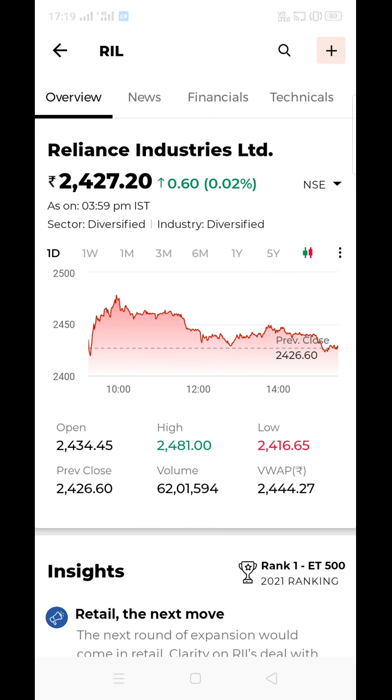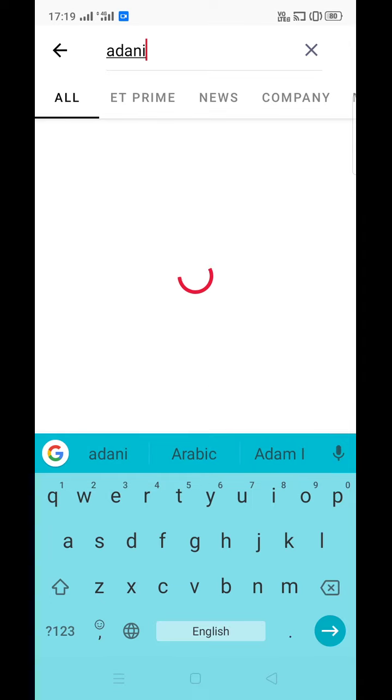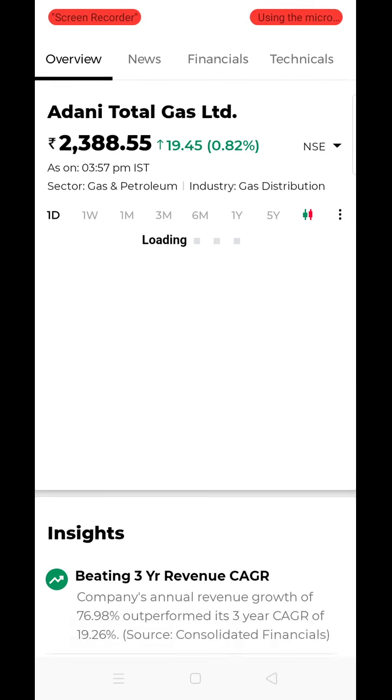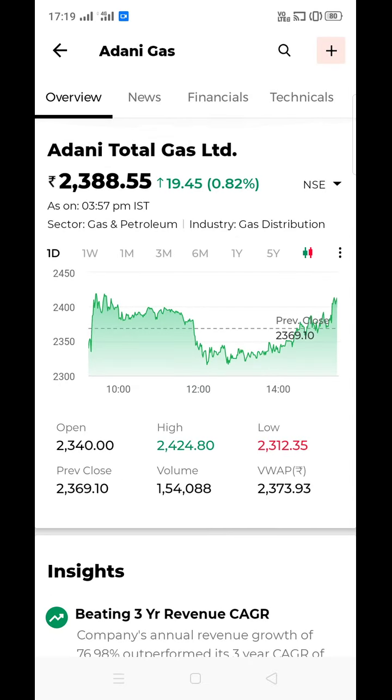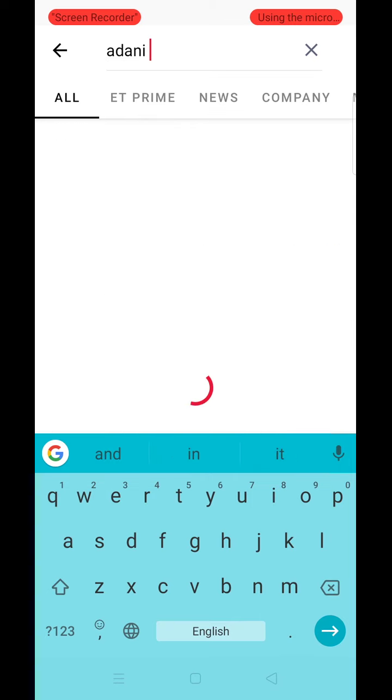Let's look at Adani. Adani, I suppose, are very costly. Let's look at Adani Total, 550. Don't ever think of entering this one. Adani Transmission.